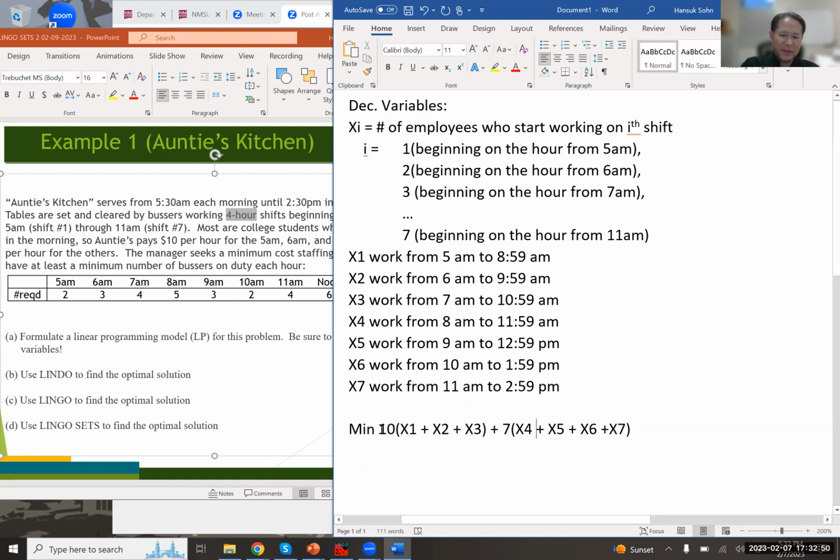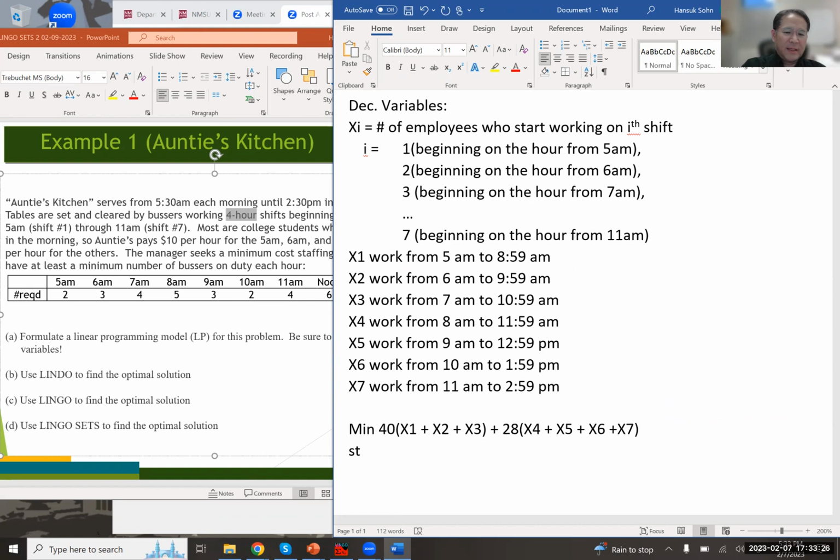So that's actually 4 times 10, that's $40, okay? For the first 3 shifts, and then likewise, you need to multiply by 4. So 7 times 4 is $28, right? So Auntie's is going to pay $28 for people in the last 4 shifts, okay? So that's going to be our objective function, okay?